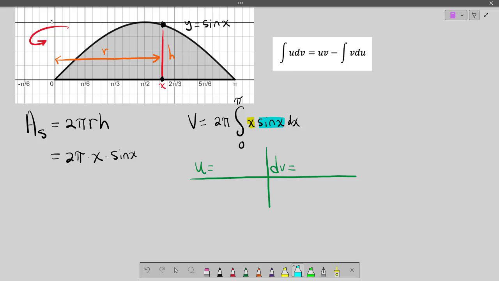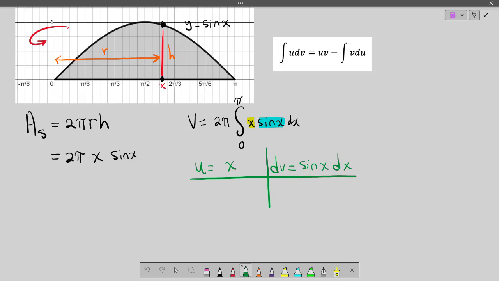Sine is periodic. It's going to derivative to cosine, integral to cosine. There's a minus in there somewhere, but it's going to stay about the same. It's going to be a sine or a cosine regardless of where it is. So what that tells me is that I want to stick the x over here because I know that's going to reduce the power, and the sine over here. So once again, that rule of thumb: pick the most complex part of the integrand and put it with dv, as long as you can integrate it.